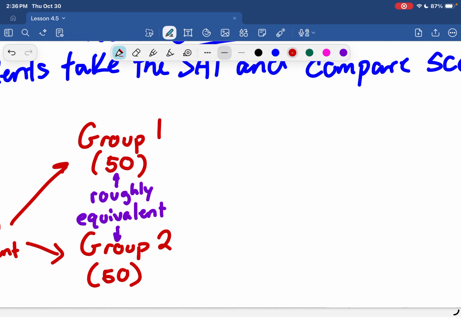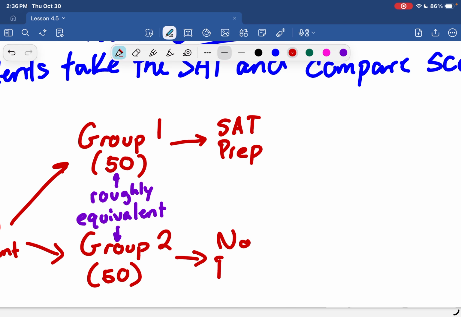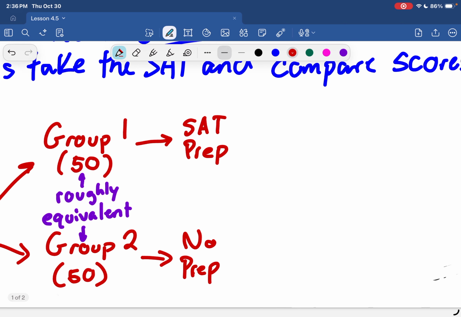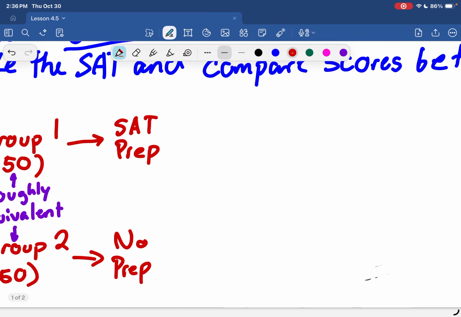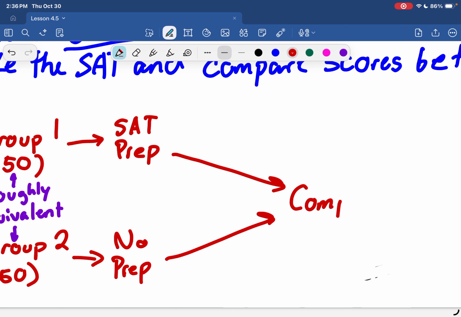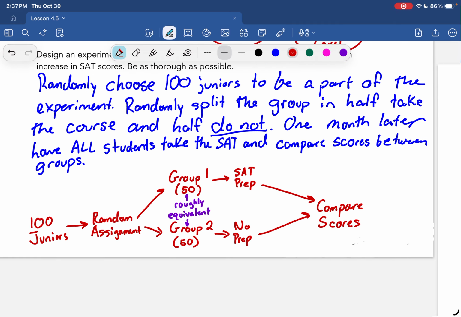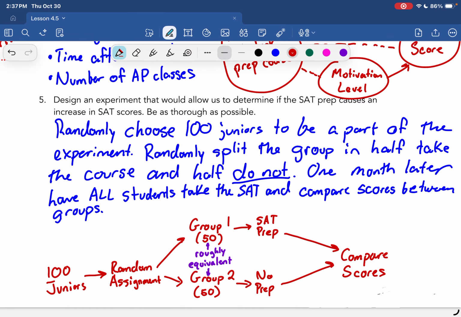Okay? Group 1 is going to take the SAT prep. Group 2 is going to have no prep. And then what we're going to do is we're going to compare scores. That's exactly what we wrote up here in blue. Now I've just given the roadmap.